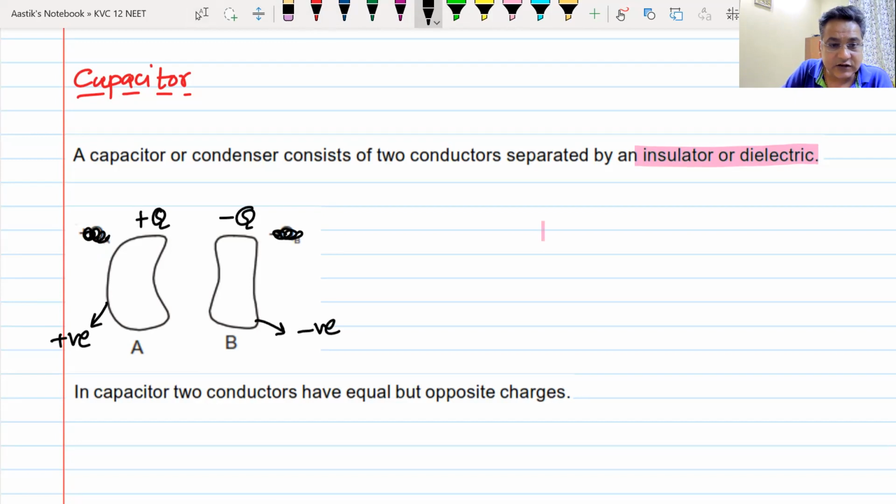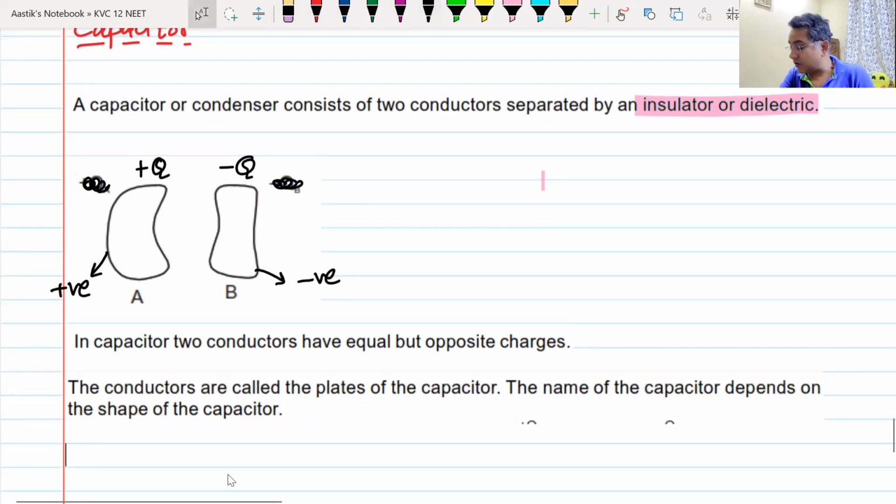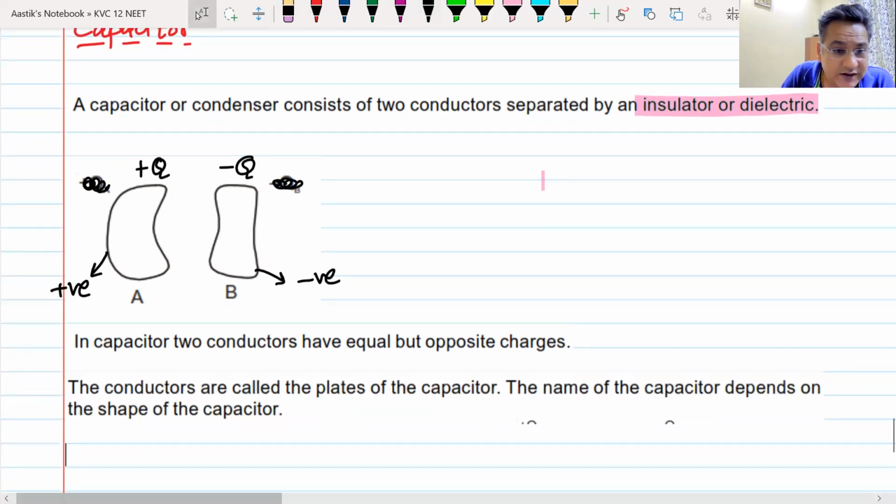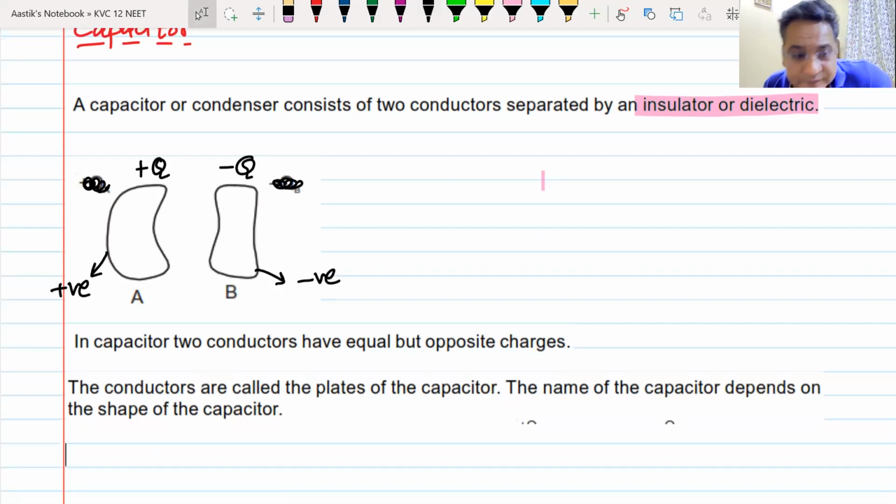These conductors are known as the plates. Do we understand this? Yes or no?